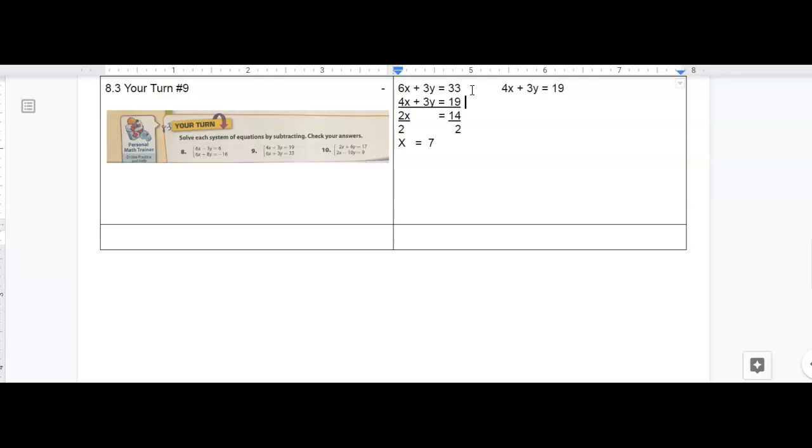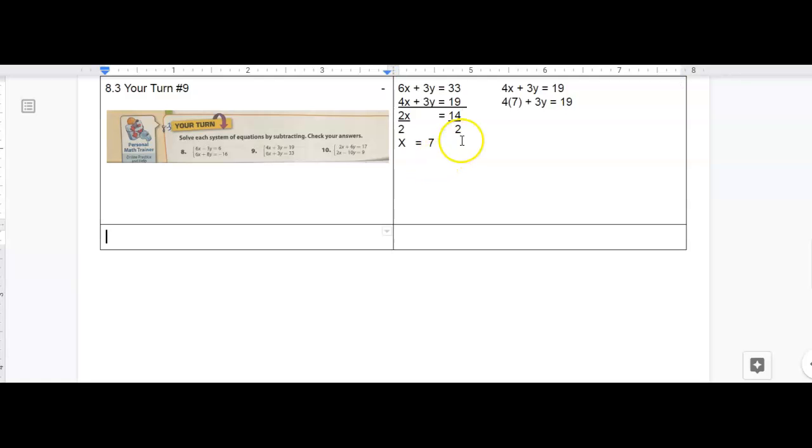And now what I'm gonna do is substitute that value. The x was 7, so I'm going to put 4 times 7, and then plus 3y is equal to 19.